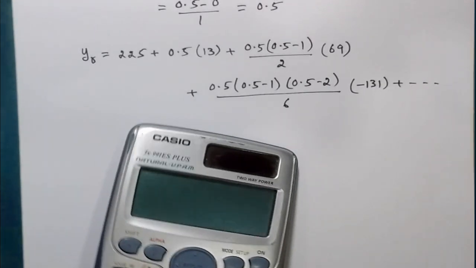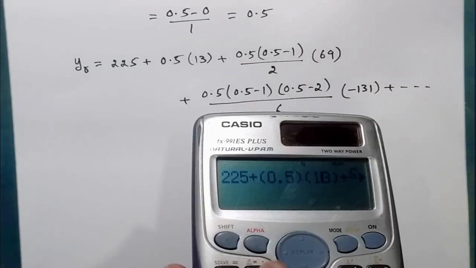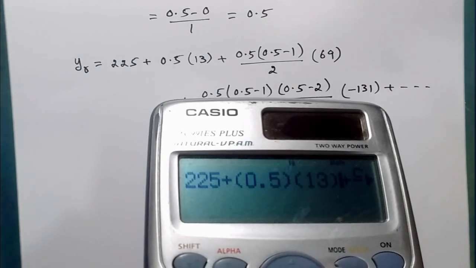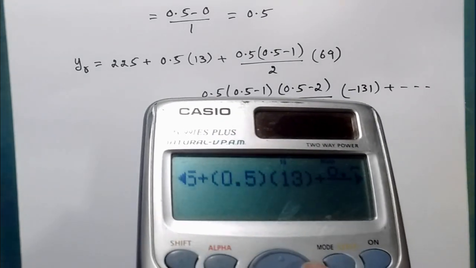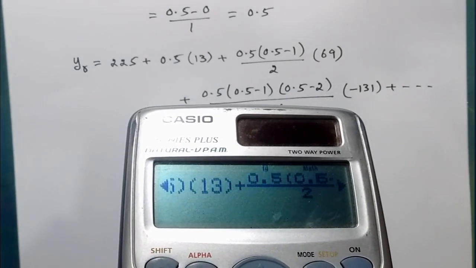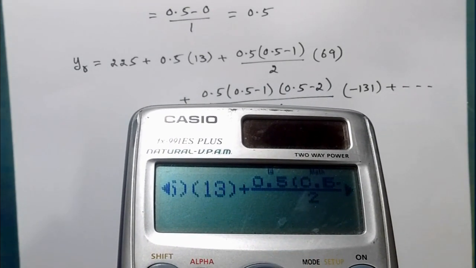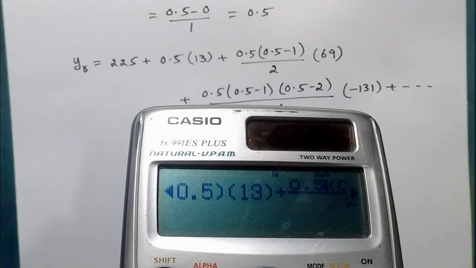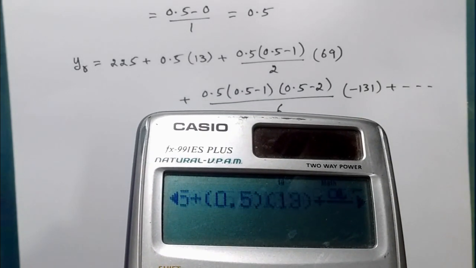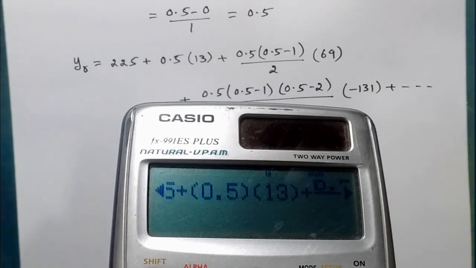You will be calculating and I will also calculate. So it's 225 plus 0.5 into 13 plus, it's better you write in the bracket over here, becomes simple for calculation.